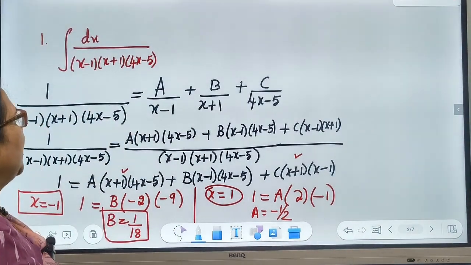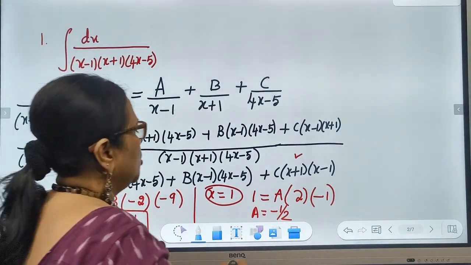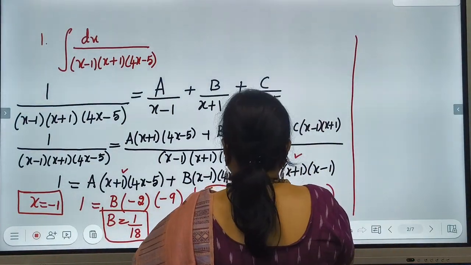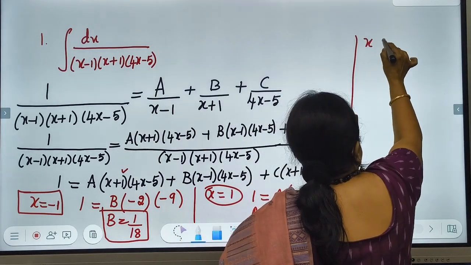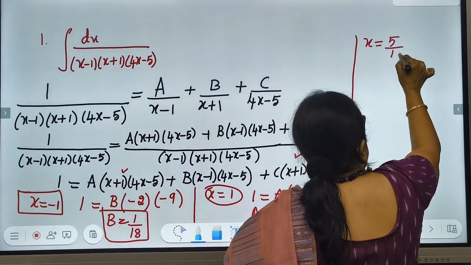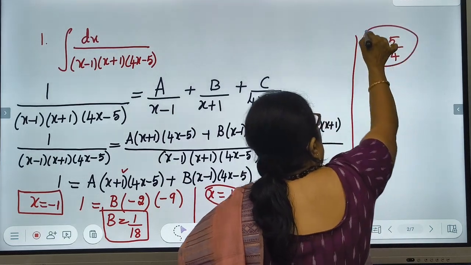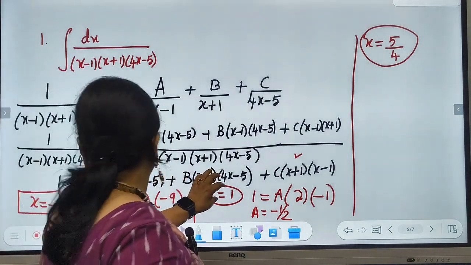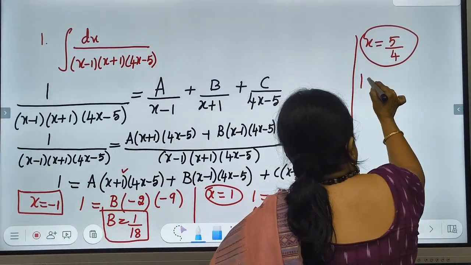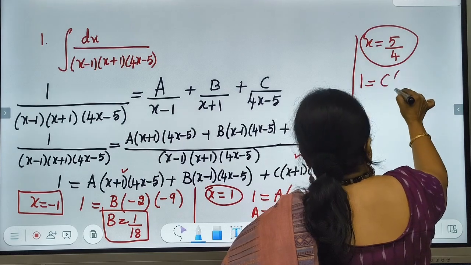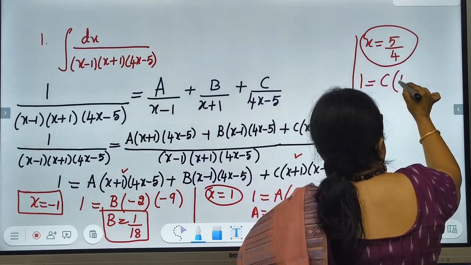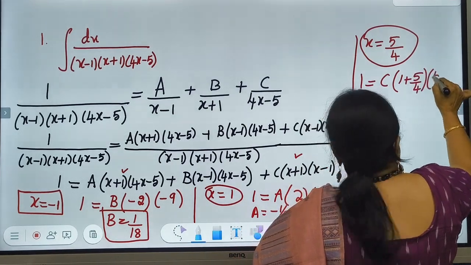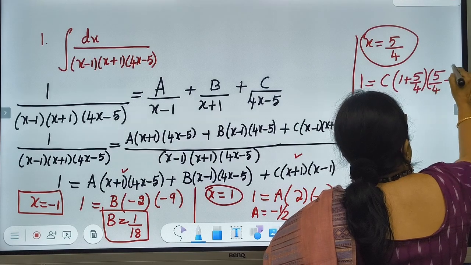Next, what is left? I have to find C. When will 4x minus 5 become 0? When x equals 5 by 4. So I put x equal to 5 by 4. The first term becomes 0, the second term becomes 0. So we have 1 equal to C into (5 by 4 plus 1)(5 by 4 minus 1).